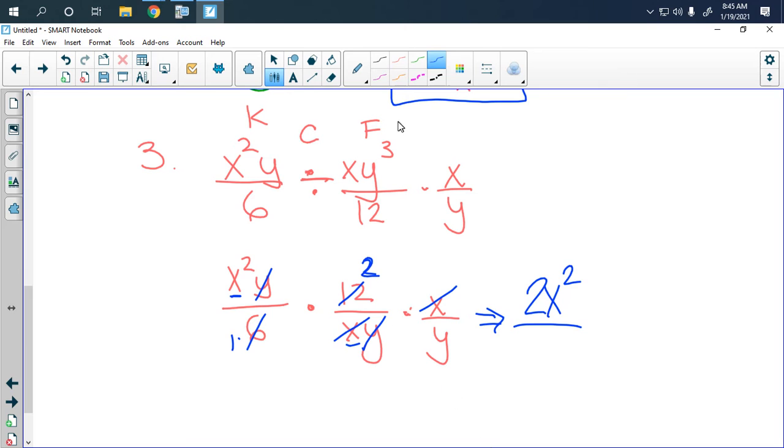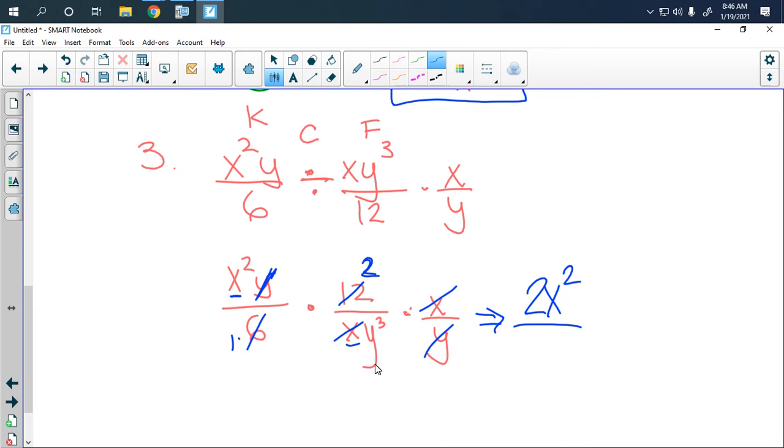Oh, you know what? I lost my y to the third when I rewrote that. So I'm just going to fix this here. So instead of canceling with that y, actually I think it would be easier to cancel with that y.